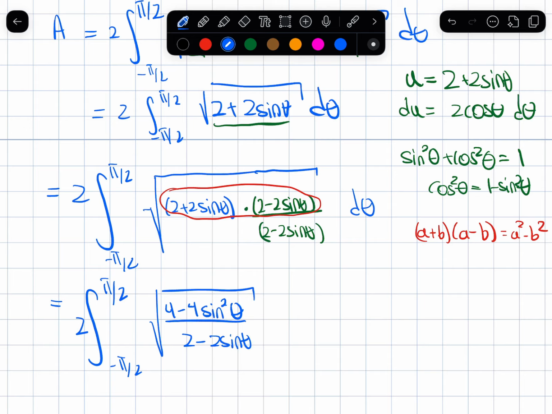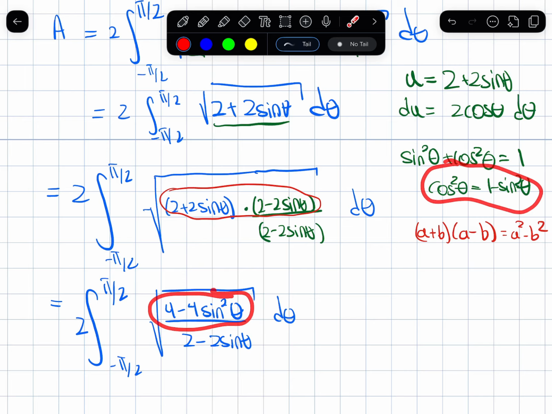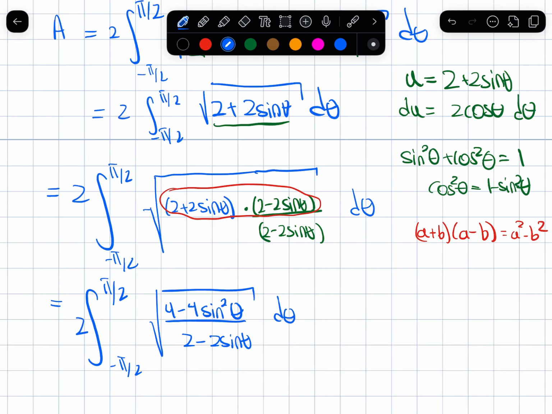And now this top here is 4 times this. You see, this top is 4 times that which is circled on the right there. So it's going to be 4 cosine squared. So it will be 2 times the integral of 4 cosine squared theta, still inside the root, but I can put a root for each.